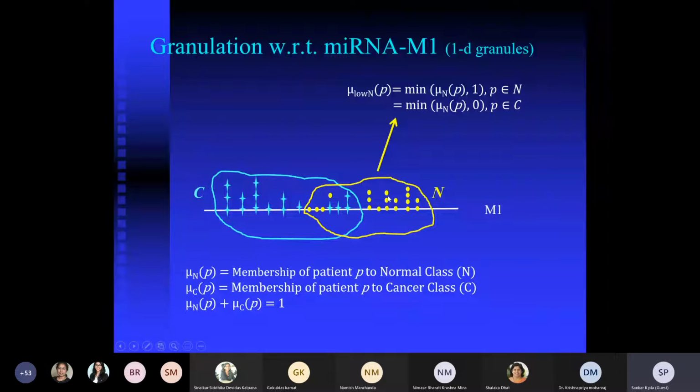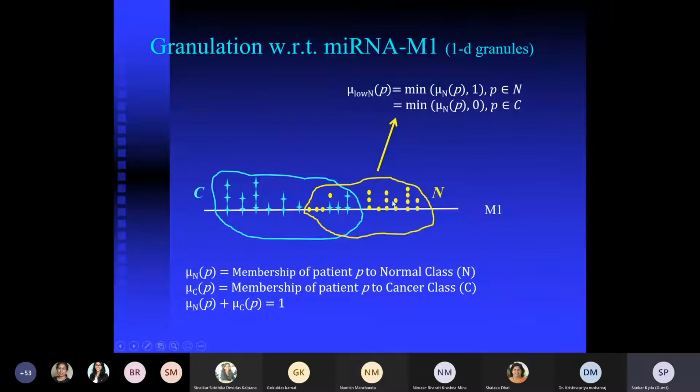Now, out of those, I compute the membership value of any patient P belonging to the lower approximation of the normal class. That is the membership value for any patient, either normal or cancer, belonging to the lower approximation, which means to an extent they are sure.